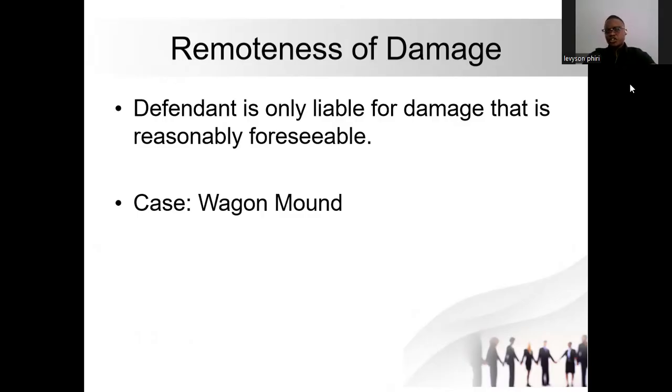So we can also check the case of Wagon Mound. This one is well explained in this case. Whilst you read this case, you'll be able to understand why the court decided as it did, okay? And you must also follow. So remember that damage is just money.